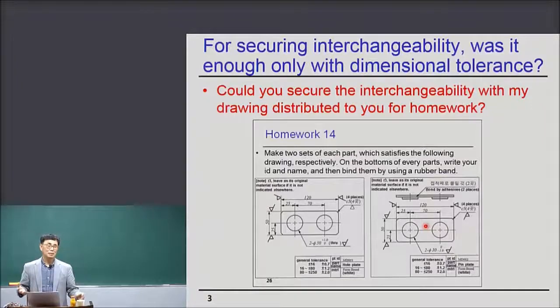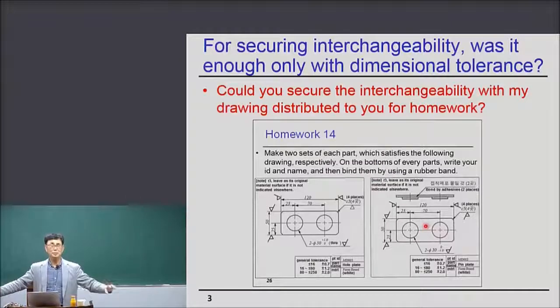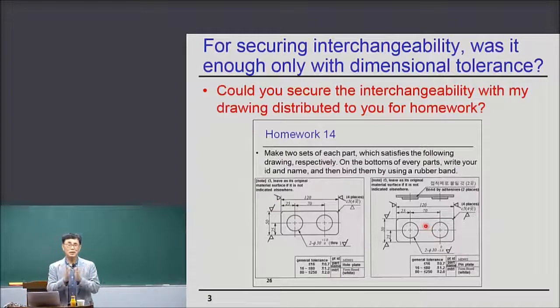Then I try to select randomly a pin plate and a hole plate, and try to combine and assemble them, but clearly from my drawing the interchangeability, or the assembly of the pin plate and hole plate, could not be guaranteed, right?